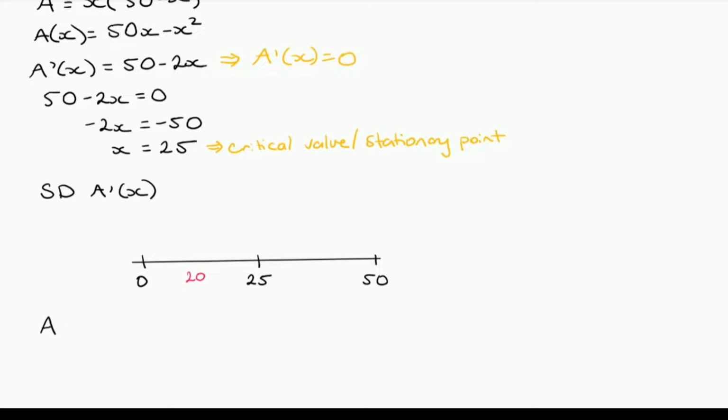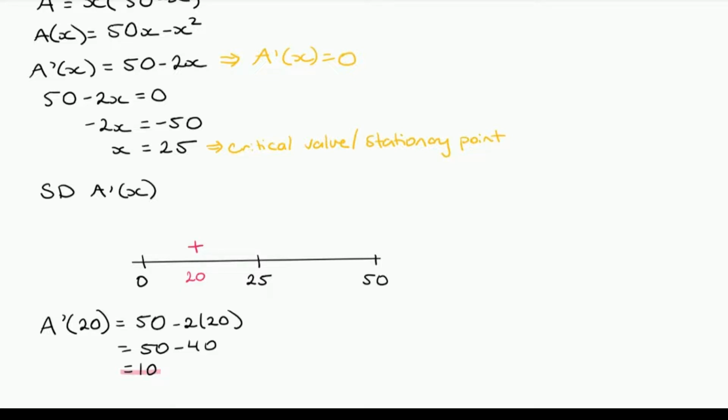So my area function when x is equal to 20 is equal to 50 take away 2 times 20. So that's going to be 50 take away 40, which is just 10. So as this is a positive number, then I know that my function between 0 and 25 is increasing.